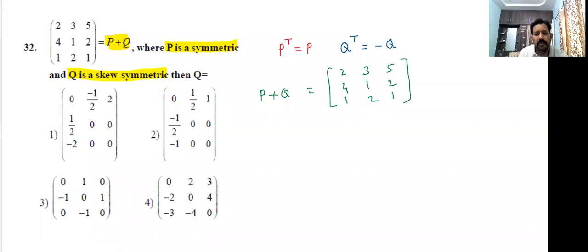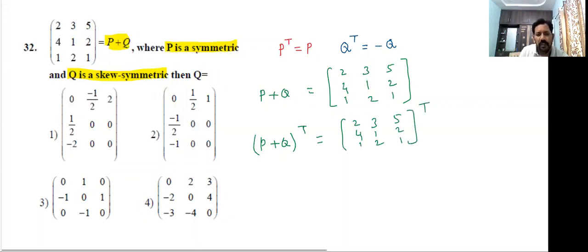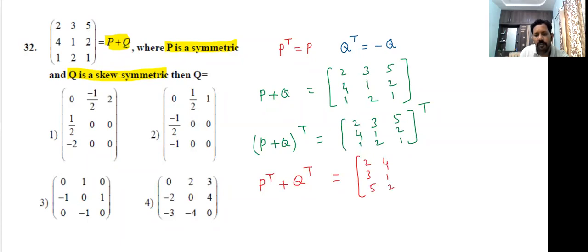Apply transpose on both sides. P plus Q whole transpose is equal to the transpose of the matrix 2, 4, 1, 3, 1, 2, 5, 2, 1. Do the transpose here. Here we get P transpose plus Q transpose, equal to 2, 3, 5, 4, 1, 2, 1, 2, 1, so rows are interchanged into columns.